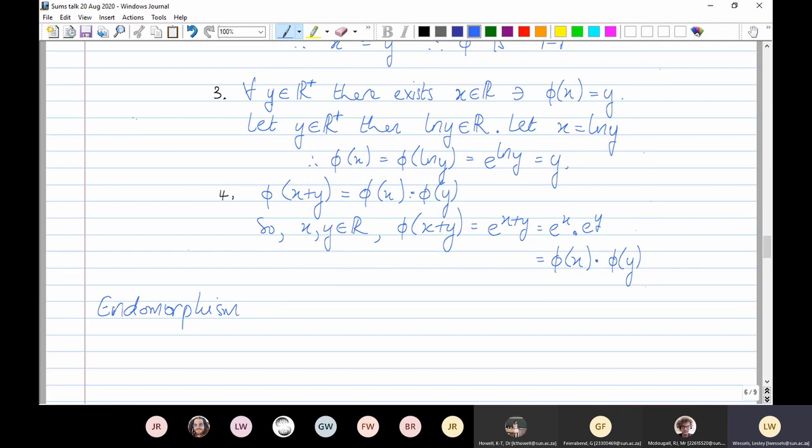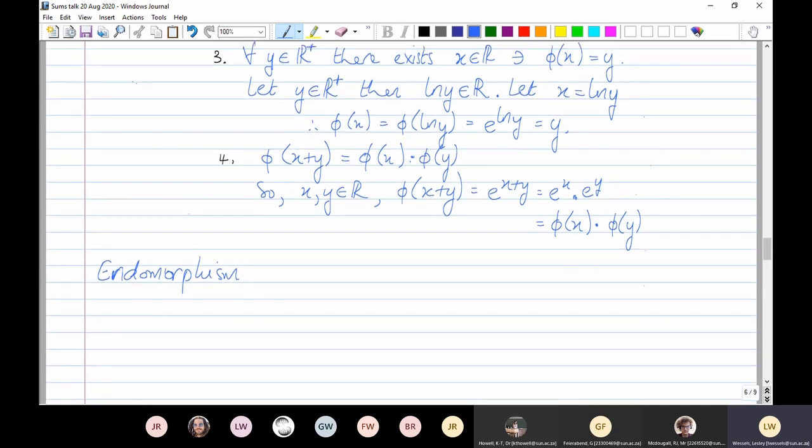So an endomorphism is basically a homomorphism from a structure to itself. So you just have the one property, the homomorphic property. And then an automorphism is a homomorphism from a structure to itself, and an automorphism is an isomorphism.